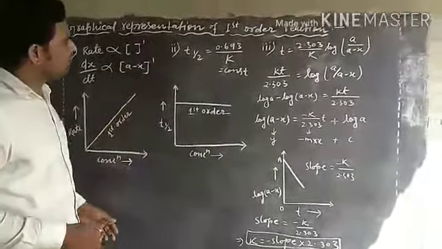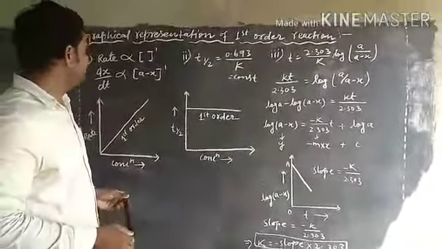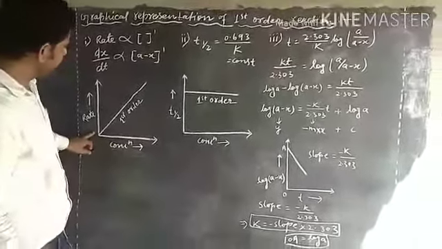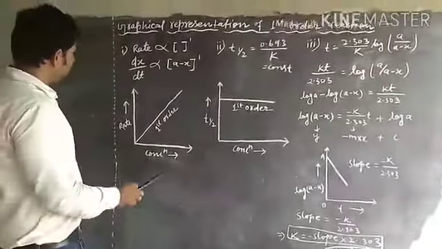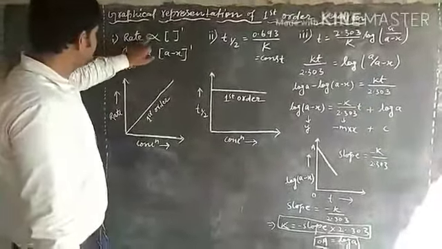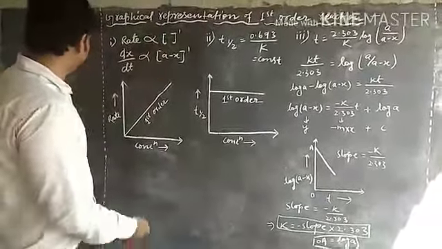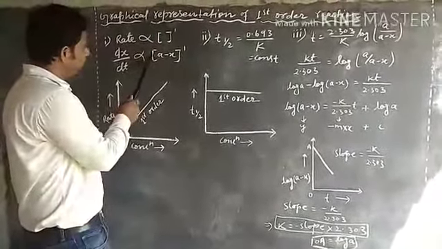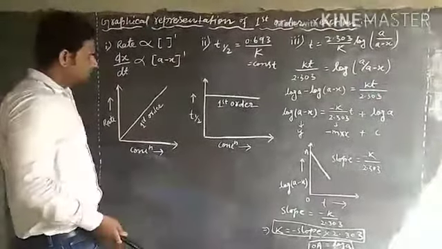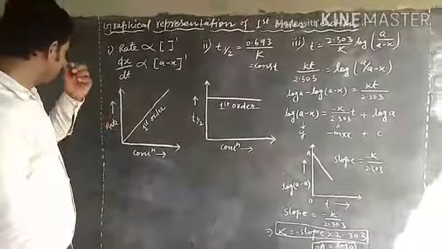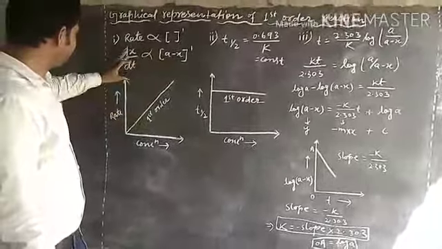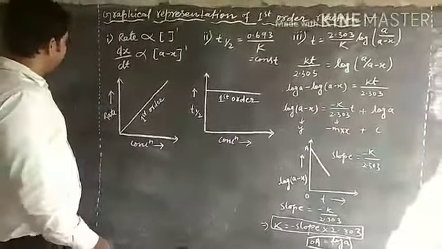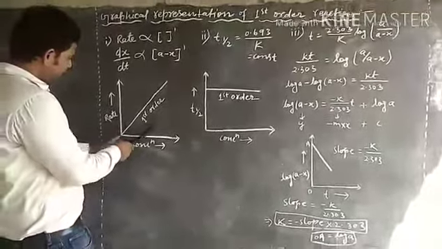Graphical representation of first order reaction. So in three ways I am going to represent graph for first order reaction. So first one is rate directly proportional to concentration to the power 1, means dx by dt is directly proportional to a minus x, concentration to the power 1. For first order reaction, its graph will be like this, straight.